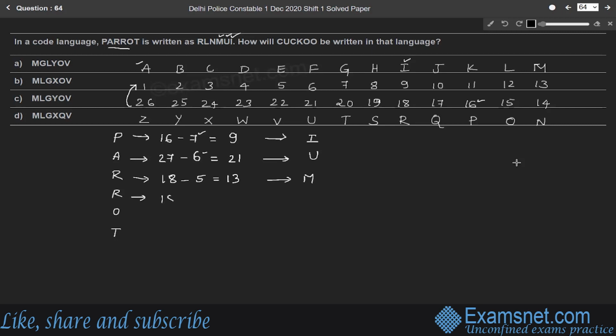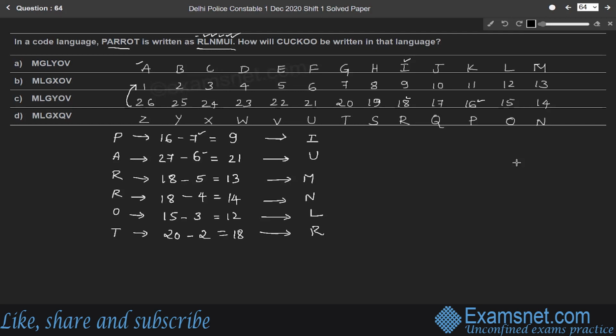Next is R. Positional value is 18 minus 1 number less than 5 is 4, is equal to 14, the positional value of N. Similarly, O is 15 minus 3 is equal to 12, so the positional value of L. T is 20 minus 2 is equal to 18, the positional value of R. Therefore, parrot is written as IUMNLR in reverse manner like this.